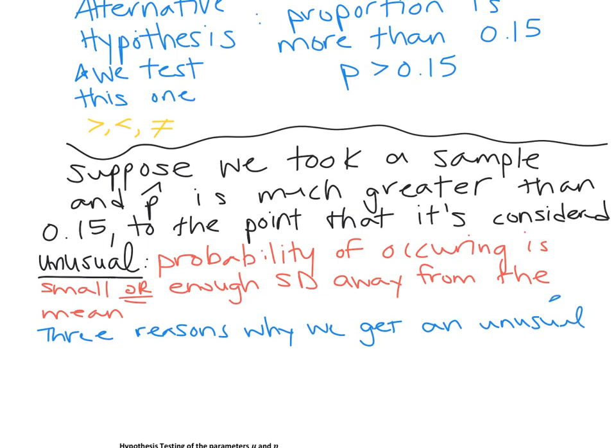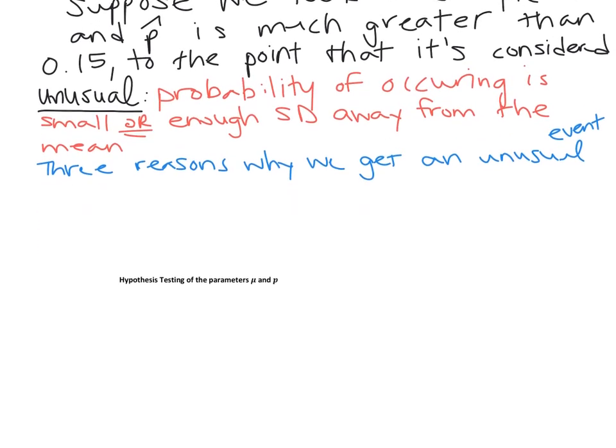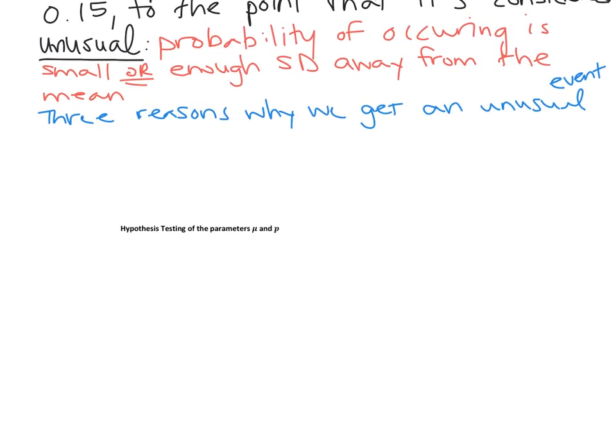I'm going to write event up here. One is luck of the draw. Or a bad sample. We haven't really talked about that, but a bad sample is definitely a reason. So by chance, a bad sample that doesn't reflect the population.